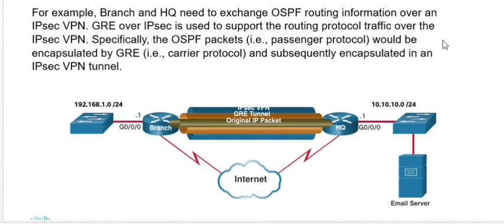Specifically, OSPF passenger would be encapsulated by GRE, subsequently encapsulated in IPsec VPN tunnel. So you can see that they've got multiple things going on here, two different tunnels to protect our GRE, which is a router-to-router mechanism.